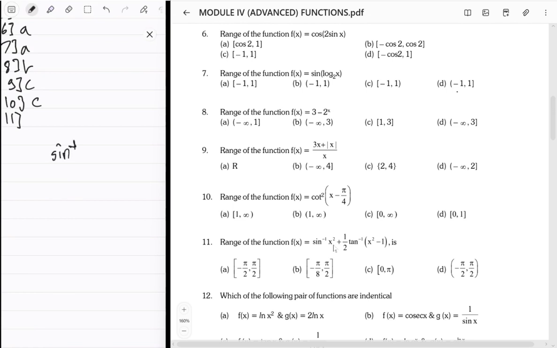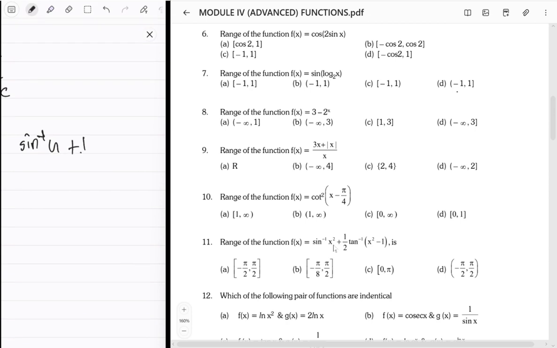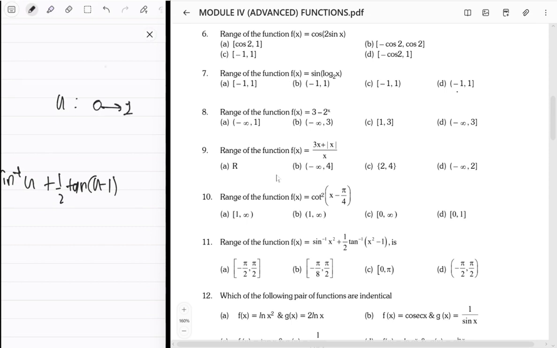So sine inverse of u plus 1 upon 2 tan inverse of u, under the restriction that, sorry, it's minus 1, that u must be greater than or equal to 0, right? Okay, in that case, of course, u is just going from 0 to 1, right? Okay, yeah. So u is going from 0 to 1. Yeah, okay. That's probably not the best notation for this thing.